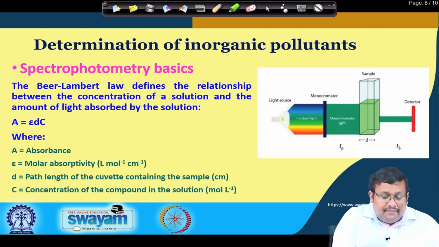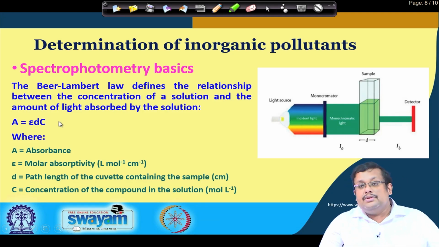The basic form of this Beer-Lambert law is A = ε d c, where A is the absorbance, we know that. This ε is basically the molar absorptivity, and d is the path length of the cuvette containing the sample in centimeter, and c is the concentration of the compound in the solution. So, you can see that this absorbance is basically the multiplication of molar absorptivity, path length and also the concentration of the compound in the solution.